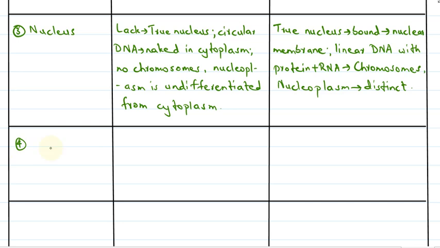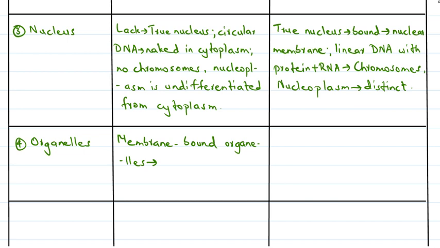Then after nucleus, the next feature or characteristic would be organelles. So, prokaryotic cells lack the membrane bound organelles. The membrane bound organelles could be the organelles like Golgi bodies, plastids, mitochondria, endoplasmic reticulum.